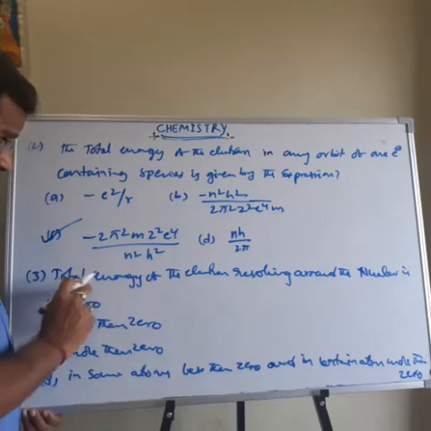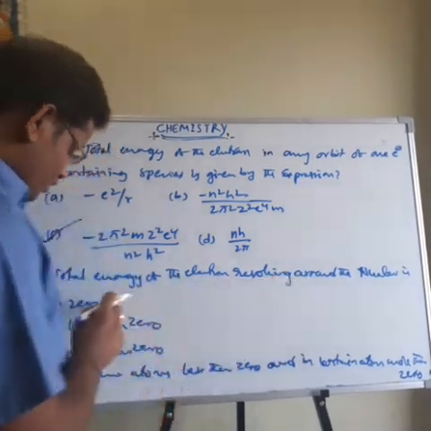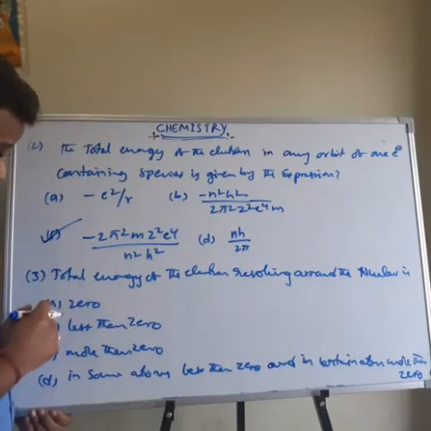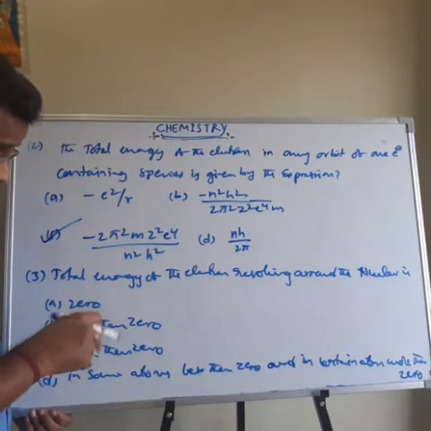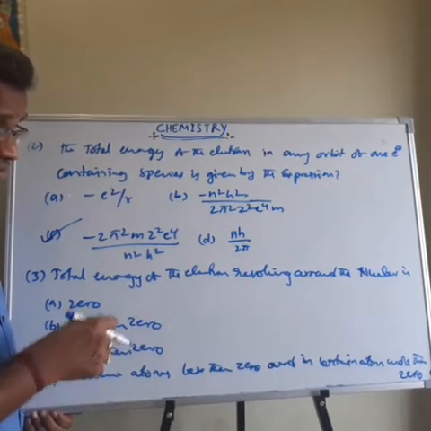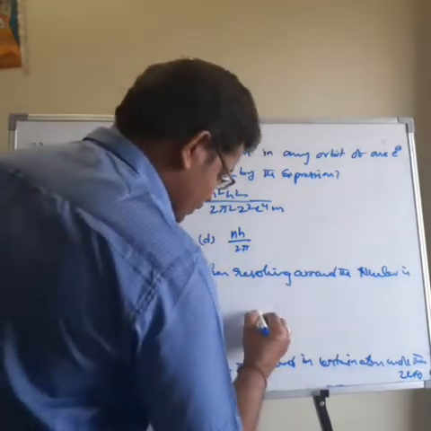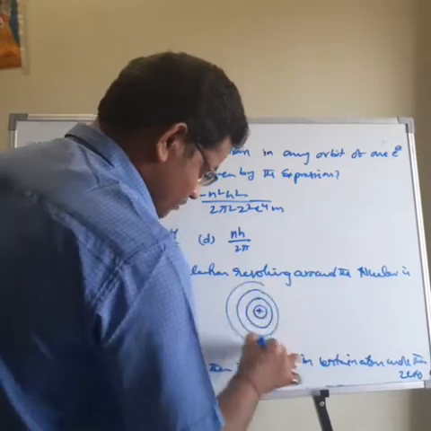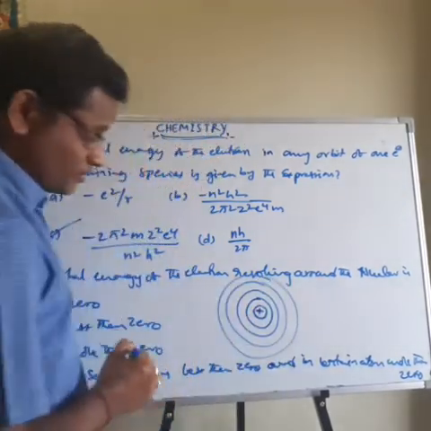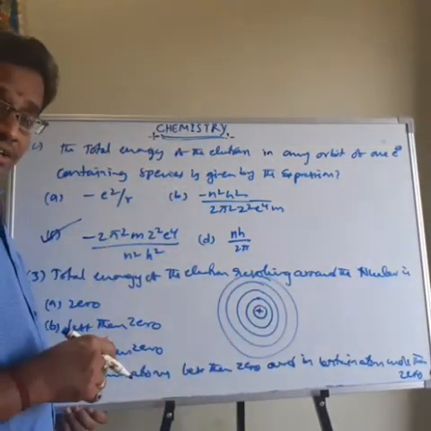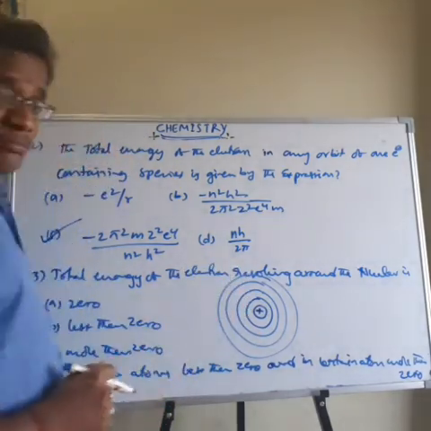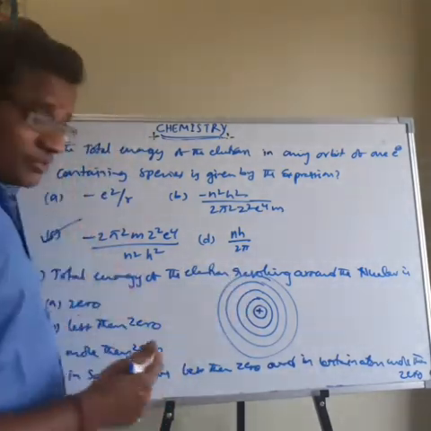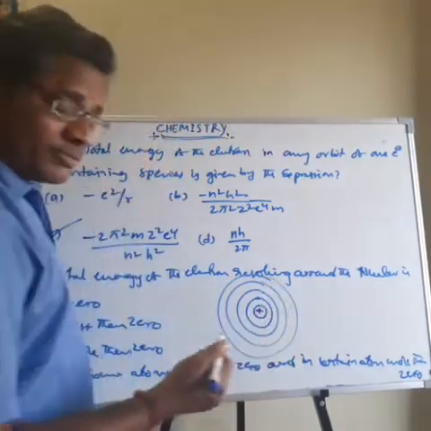Then the last one: the total energy of the electron revolving around the nucleus is 0, less than 0, or more than 0? For example, this is the nucleus, first orbit, second orbit, third orbit, fourth orbit. The energy of an electron within the atom is always negative, in all orbits. Negative means minus sign.